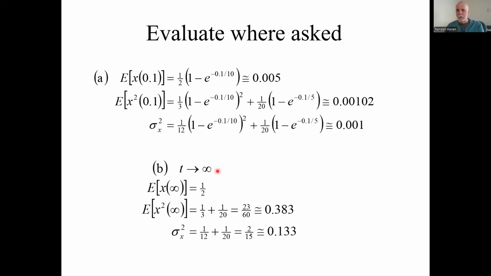Prior to time equals infinity, it's some function of time. But as time goes to infinity, they just asymptotically reach constants, and you'll see these numbers are quite a bit bigger than these. So it starts out small and grows with these exponential functions.